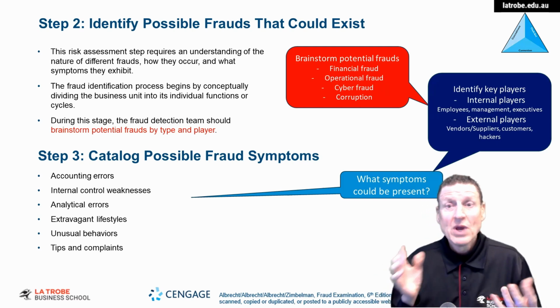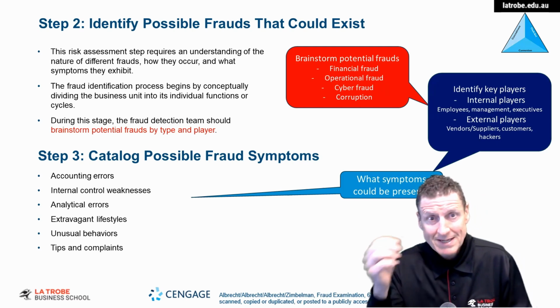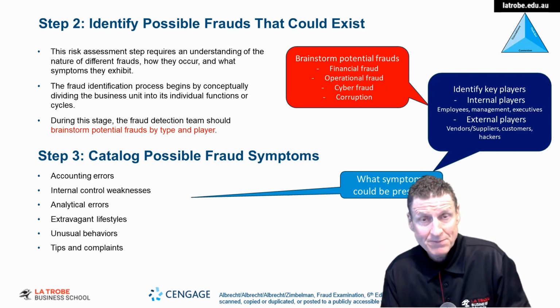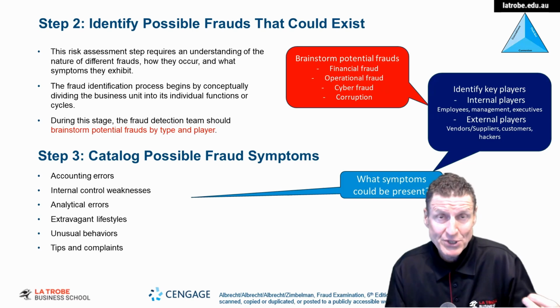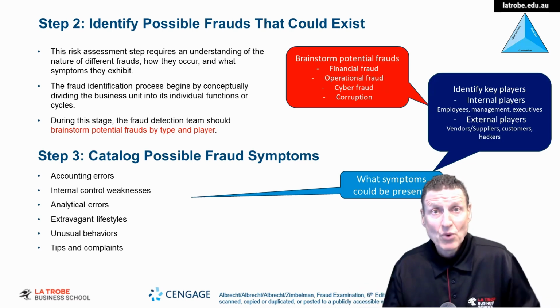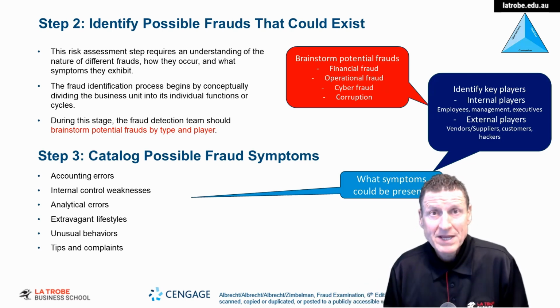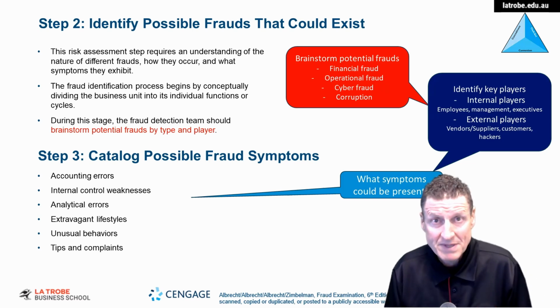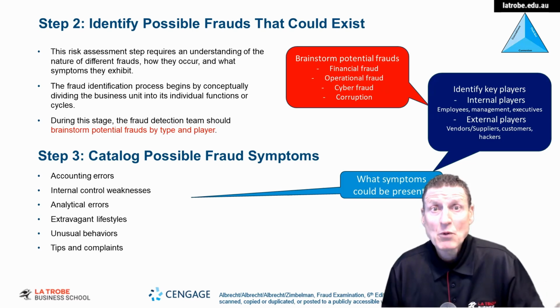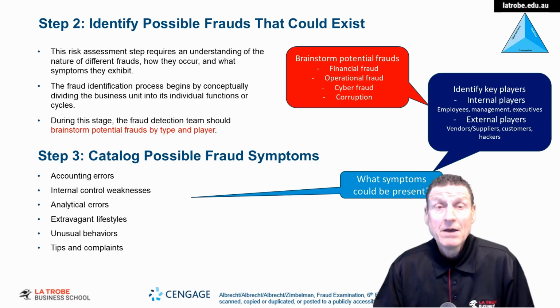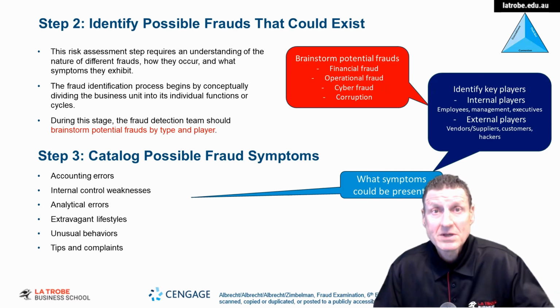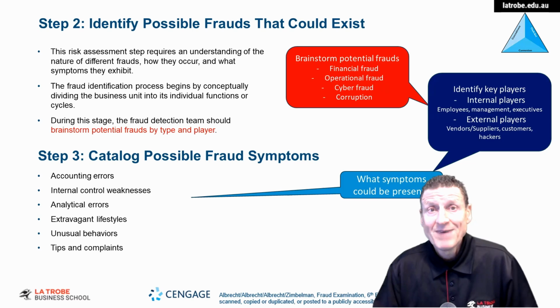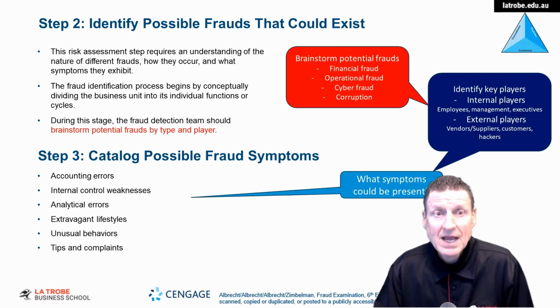And then we can go to what symptoms could be present. So in some ways, step 3 could possibly exist before step 1 and step 2, because you have been brought in on an assignment because some of these fraud symptoms have already been red flagged through a whistleblowing system, or through some other observation in the organization.